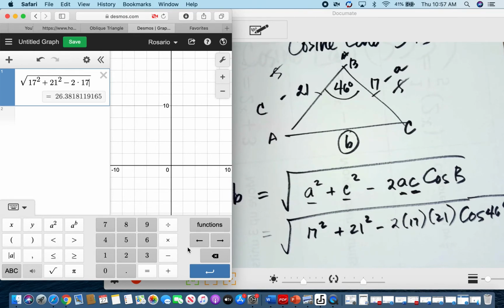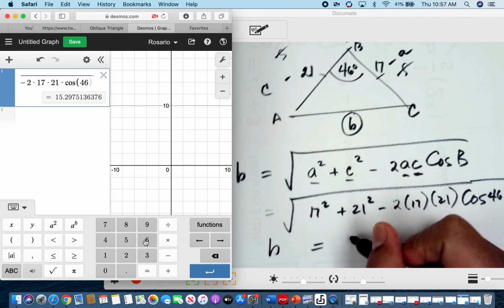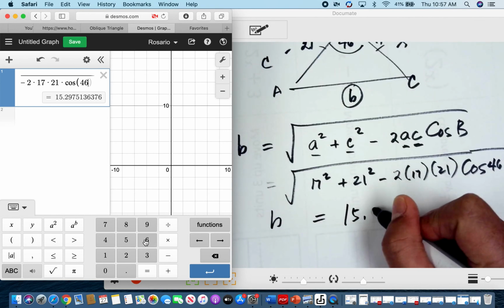You can make use of parentheses, I prefer making use of multiplication anyway. It would still be the same. 21 times cosine of 46. And therefore, the measure of B is equivalent to 15.29.